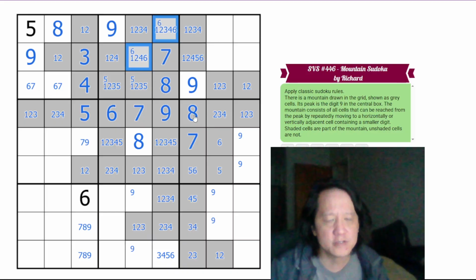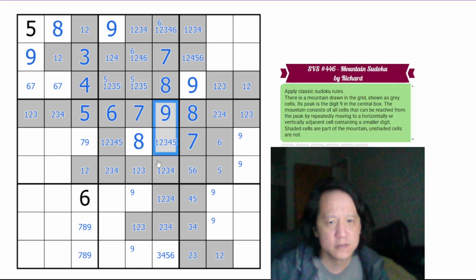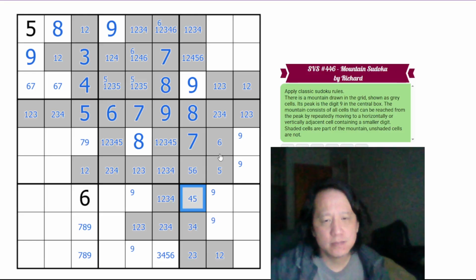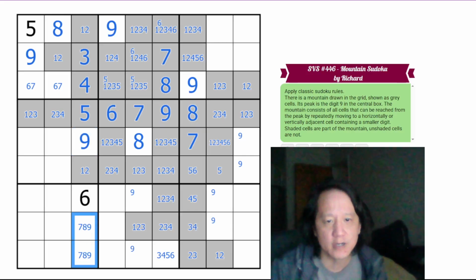So one of these is a 6. Okay. This is 1 through 5, 1 through 6 completely. This 7 eliminates 7 here, so this is 9, which means this cannot be 9 here.